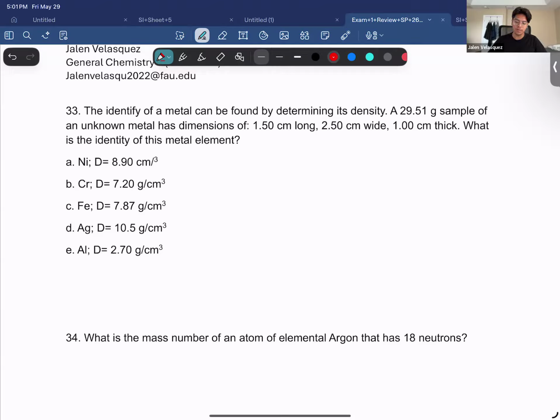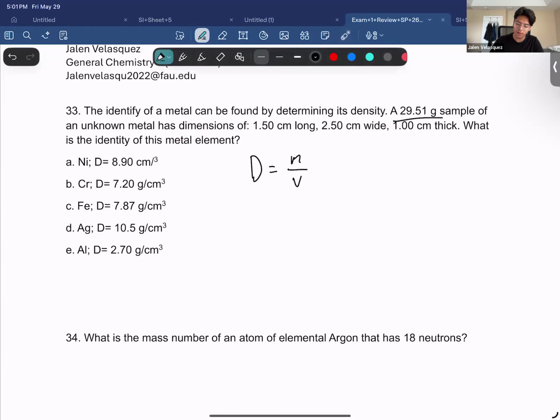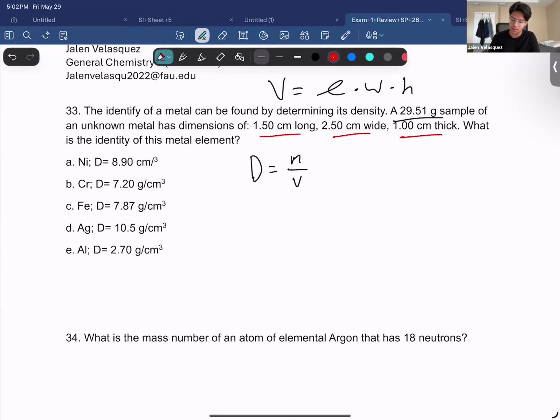So we have to figure out the density for this, right? Remember, density is the mass divided by volume. We have mass, and using the dimensions, we can figure out the volume, right? We know that volume is equal to length times width times height, right? So we're going to just multiply these 3 dimensions for the volume.